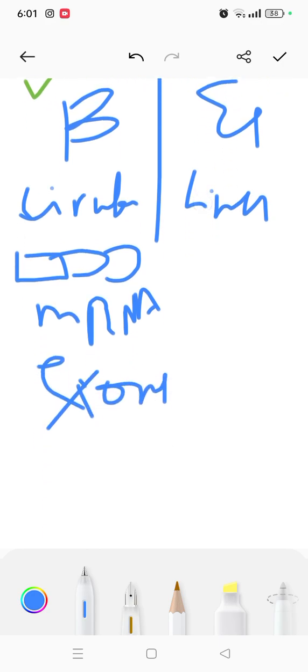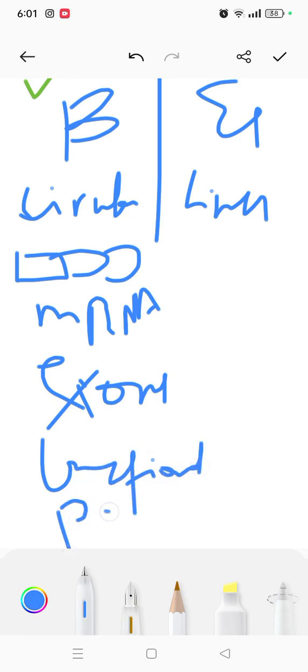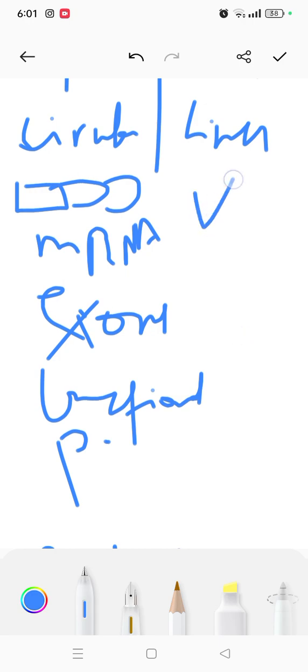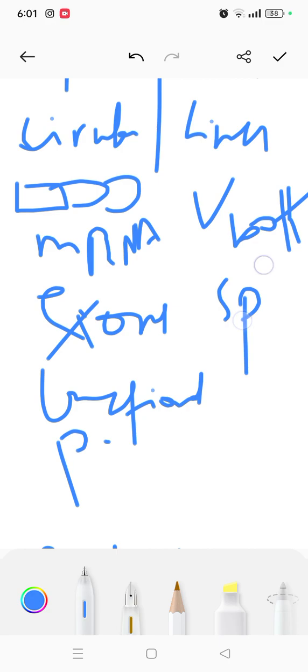So exons are like functional part, and you will see introns. Introns are non-functional part which are not important. So this means introns are not present in bacteria, but here you'll see both are present, and when both are present, we call it split gene.